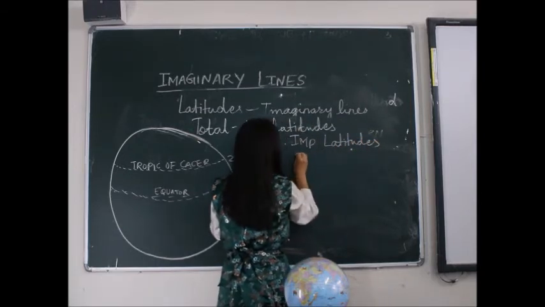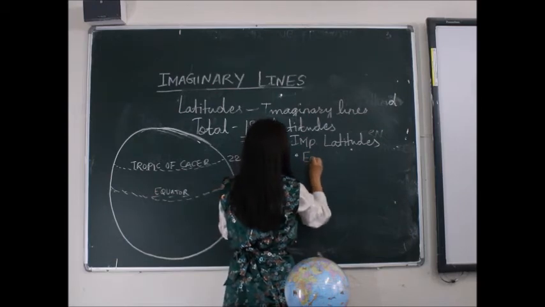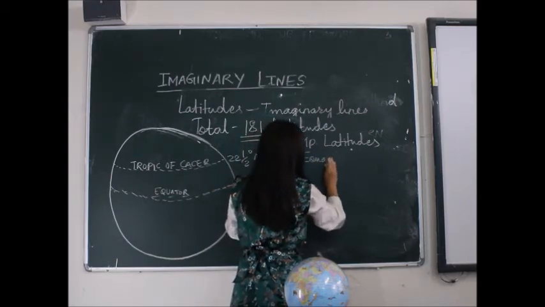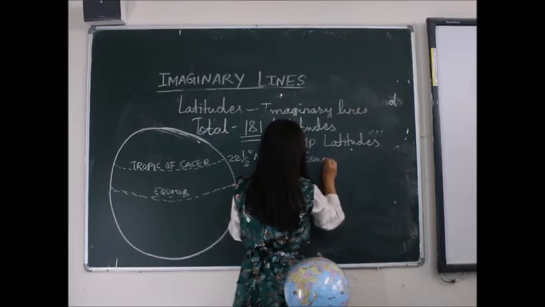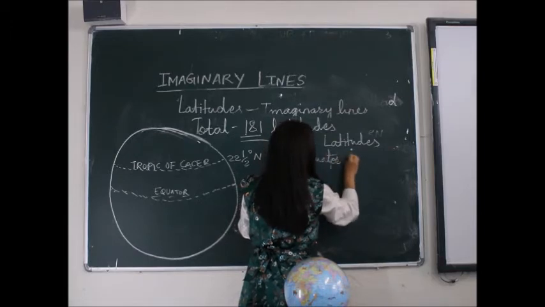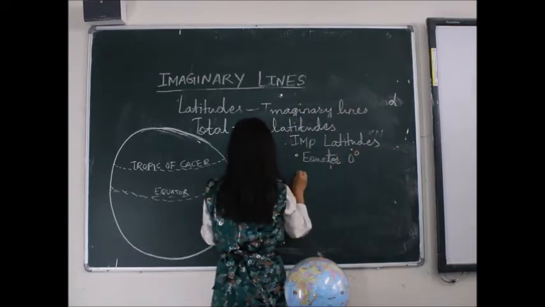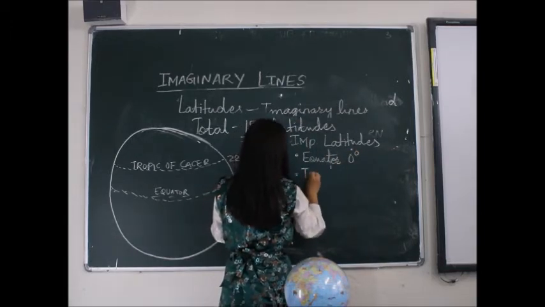Number 1 is Equator, 0 degree. Then number 2, Tropic of Cancer in the north side.